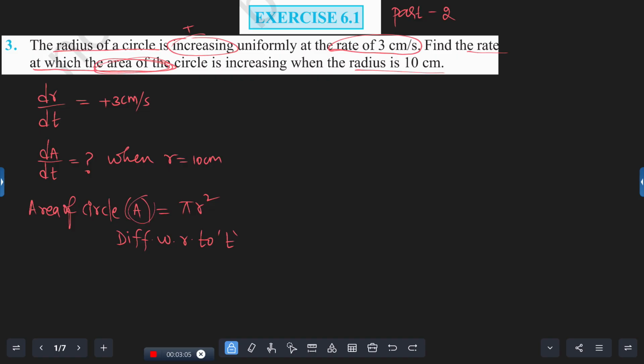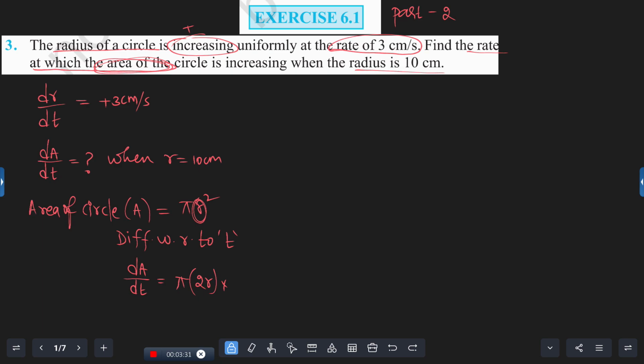So A, when I differentiate, what am I getting? dA divided by dt. Pi is a multiplication number, let it be as it is. R square when you differentiate, 2r. Very good. 2r multiply. See, power I differentiated: r square when I differentiate gives 2r.